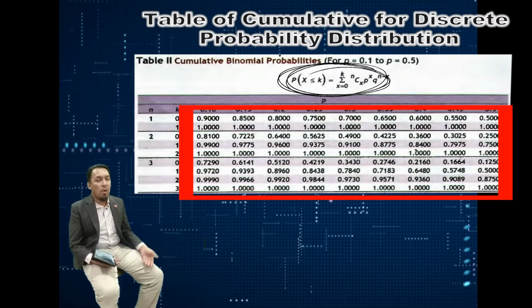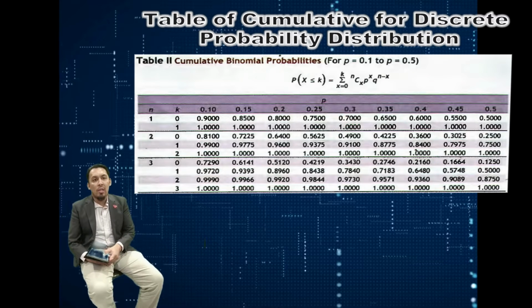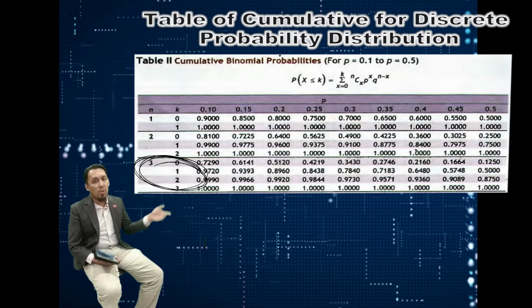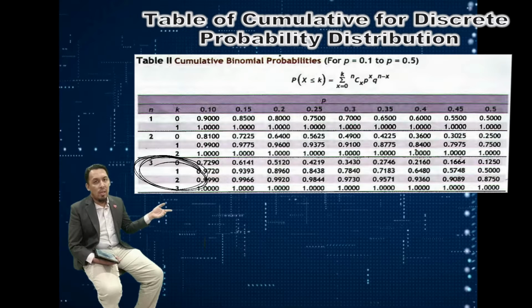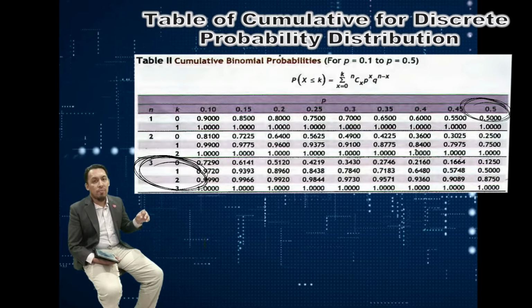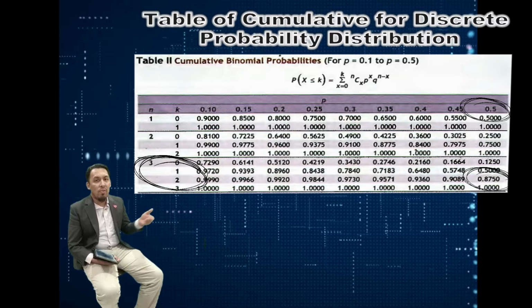So if you are looking at k equals 2, for n equals 3, for the probability of 0.5, let's say, you get 0.875.